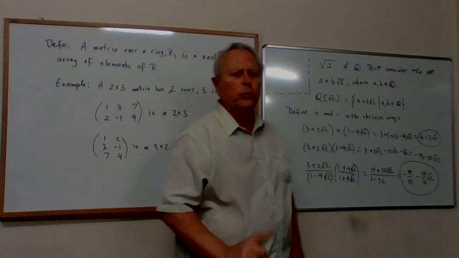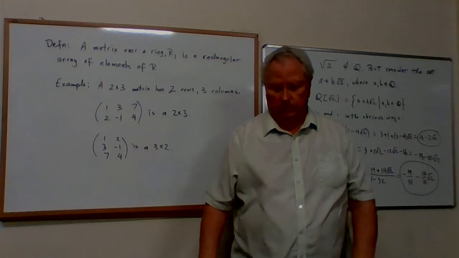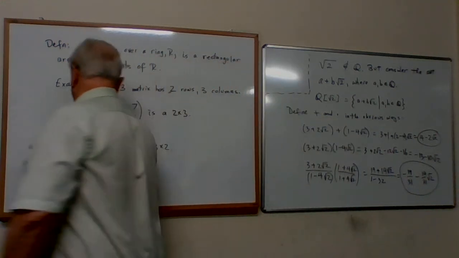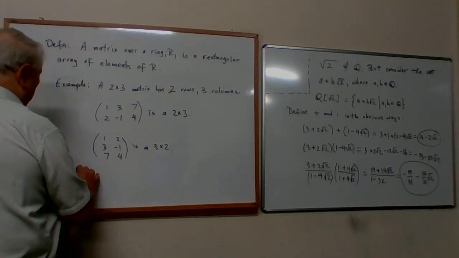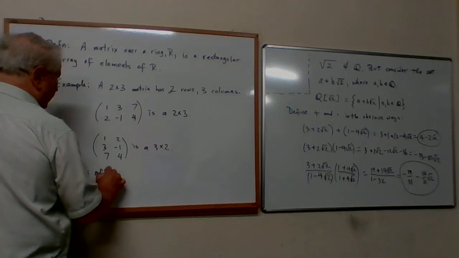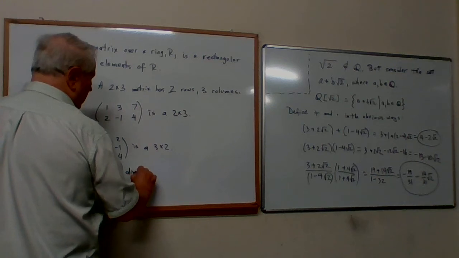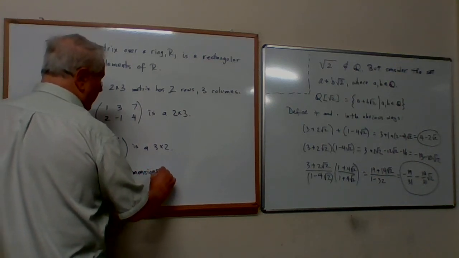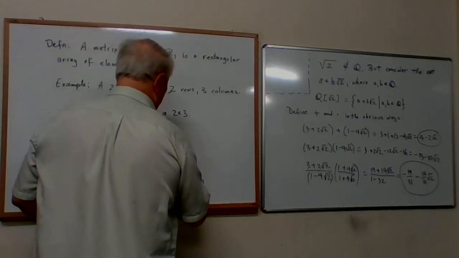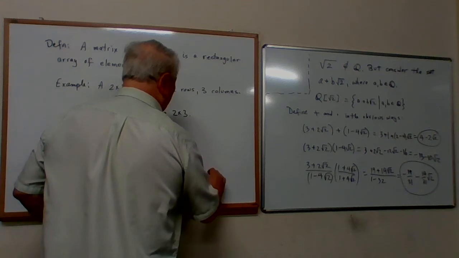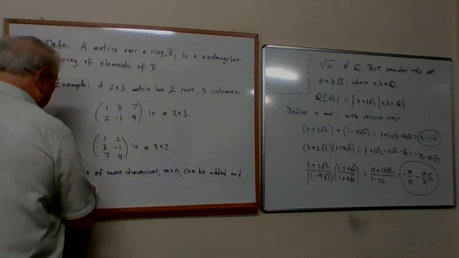If I have 2 matrices of the same size, I can always add them. So let's make that comment. Matrices of the same, and the better word is dimension, same dimensions, m by n, say, can be added and subtracted.